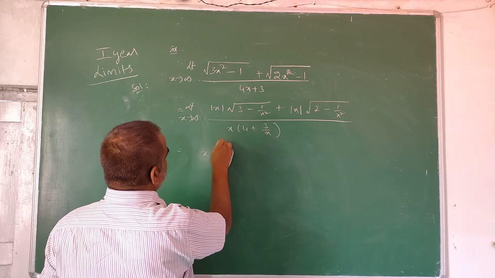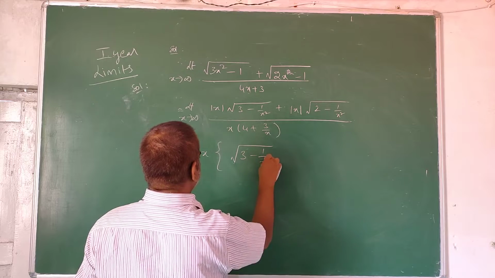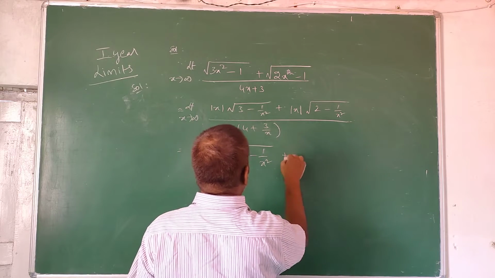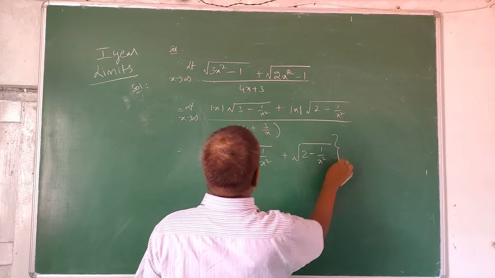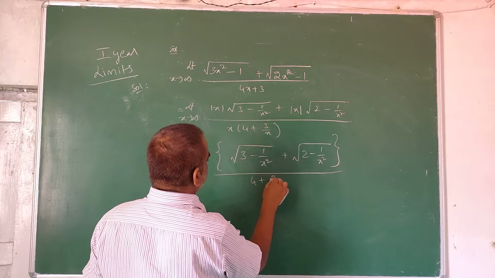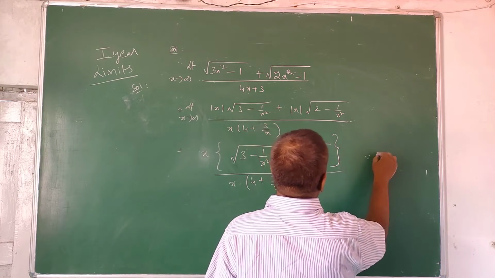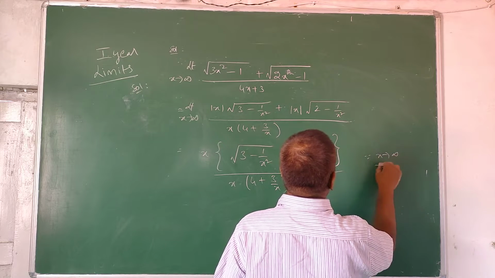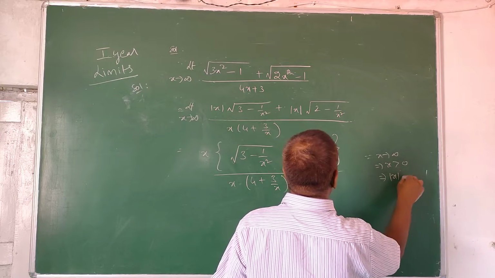So take x common overall, then you will have (root over 3 minus 1 by x square plus root over 2 minus 1 by x square) divided by (4 plus 3 by x) into x. Since x tends to infinity implies x greater than 0 implies mod x is equal to x.